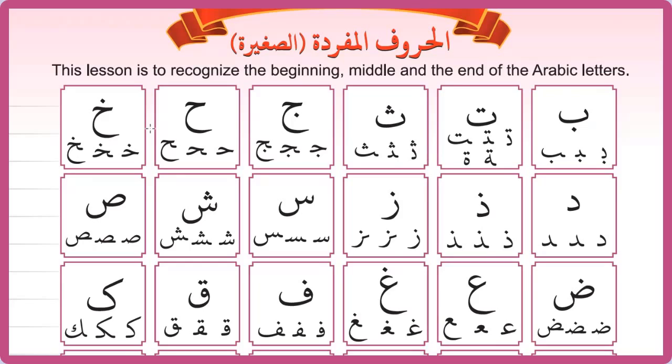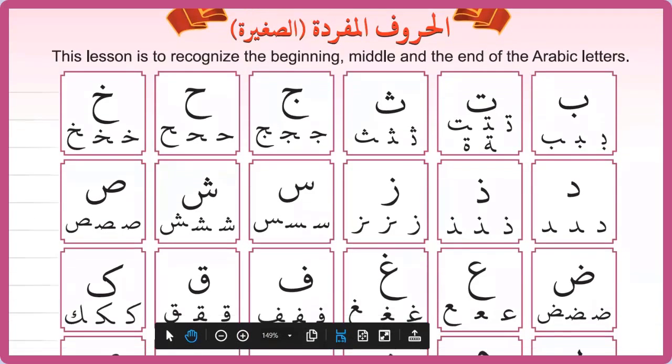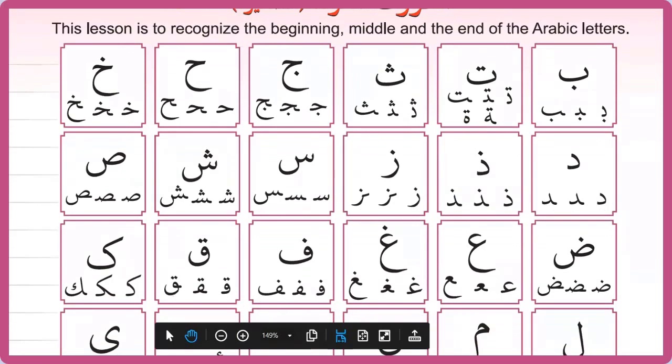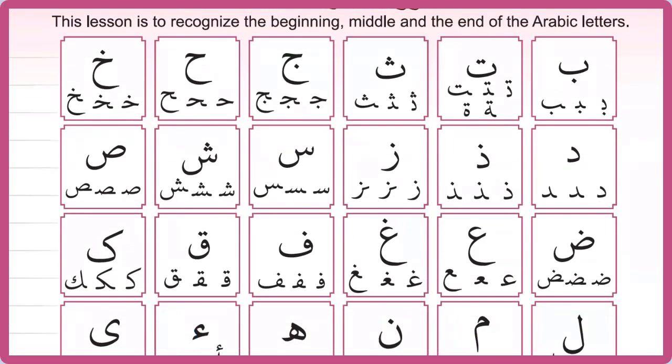In the last class we discussed that there are three kinds of shapes of the letters: the beginning, middle, and end, right? So here we will revise one time, then practice it, and then move on to the new lesson, which is about the vowels or haraka of the letters. Okay, so let's read from here.